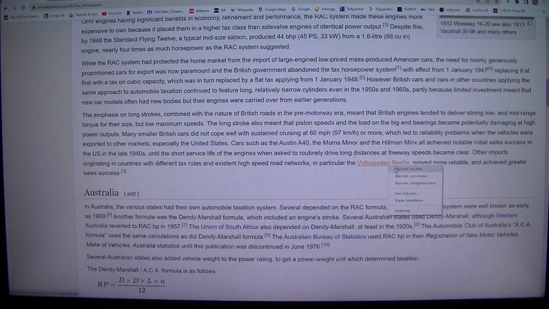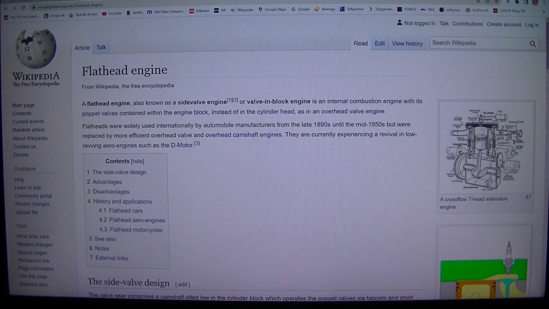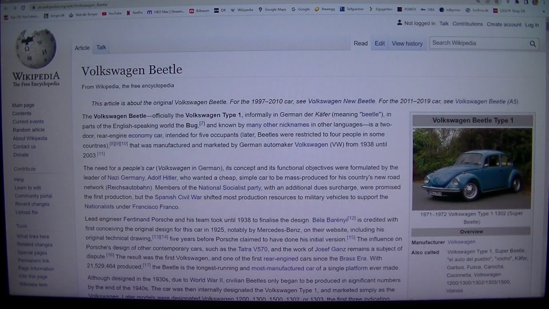And of course the Volkswagen Beetles. I don't know where it did open. Volkswagen Beetles.